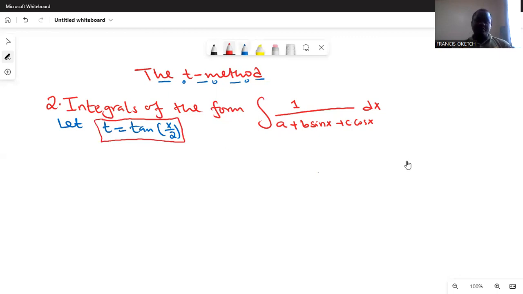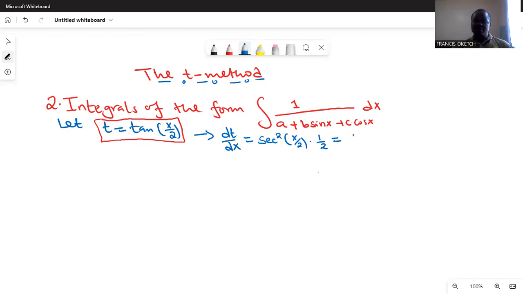So now we need to find the derivative of t with respect to x. So you write dt over dx. When you differentiate tan, you get sec squared of x over 2, then times the derivative of x over 2, which is 1 over 2. But you know sec squared can also be written as 1 plus tan squared.